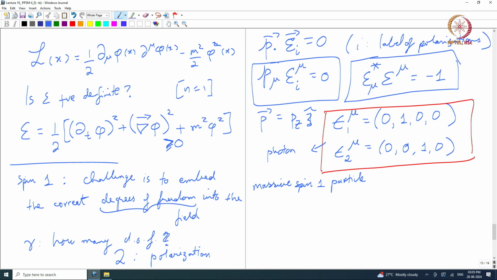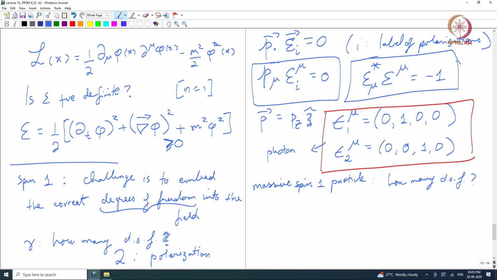Okay. So now let me ask, how many degrees of freedom does this have? Surely it can't be 2 this time, right? Something more has to happen if I have a mass for the spin-1 particle, right?